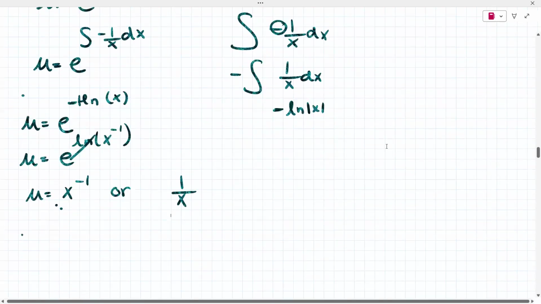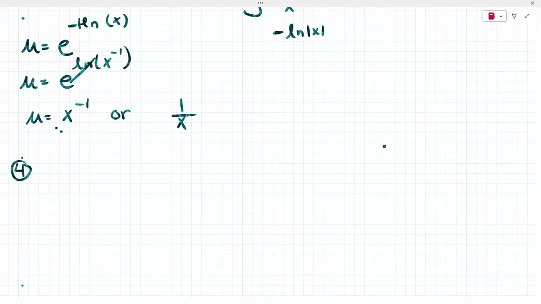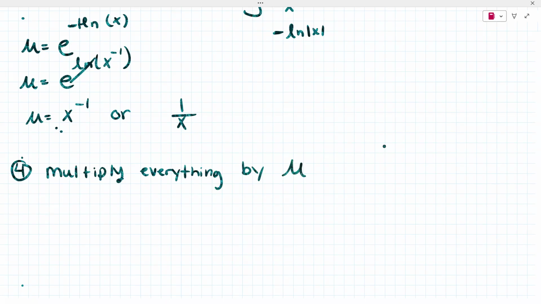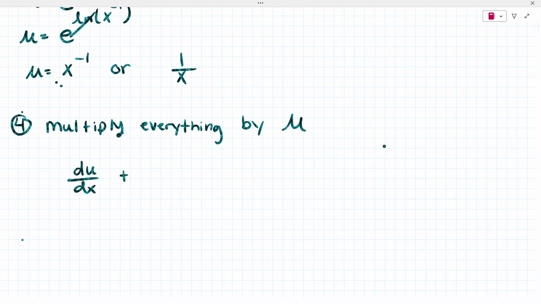Step 4 is multiply everything by mu. Okay, so it's going to be du dx plus -1 over x of u equals -x.